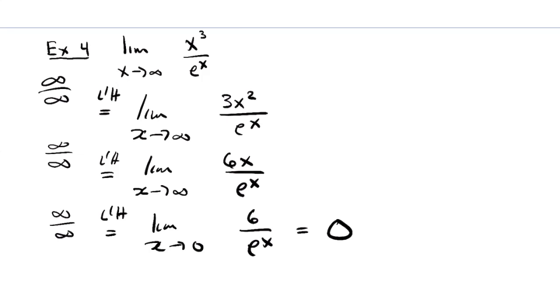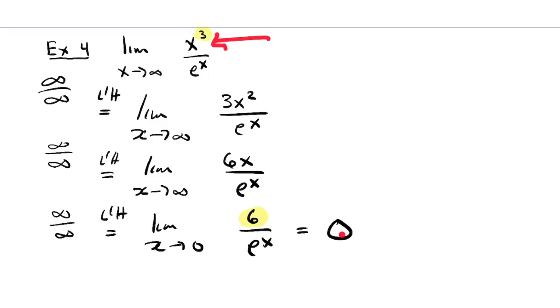And by the way, I won't make the video longer by writing it, but we had to use L'Hopital's rule three times, because that's how long it took to differentiate that polynomial before we got a constant. So if this polynomial had been degree 4, then I would have had to use L'Hopital's rule 4 times, but we still would have got 0.